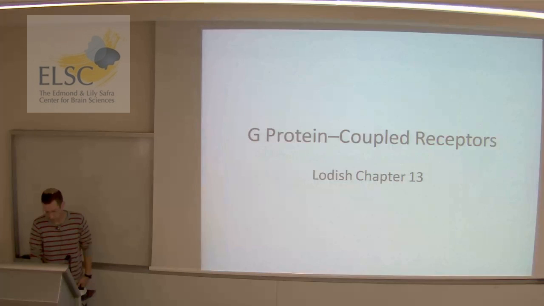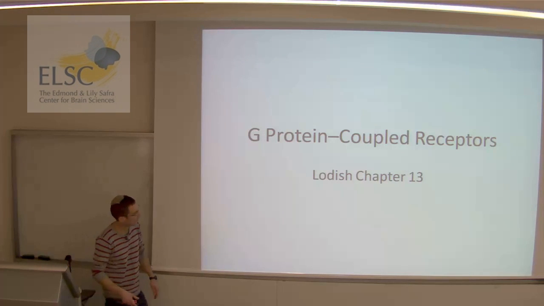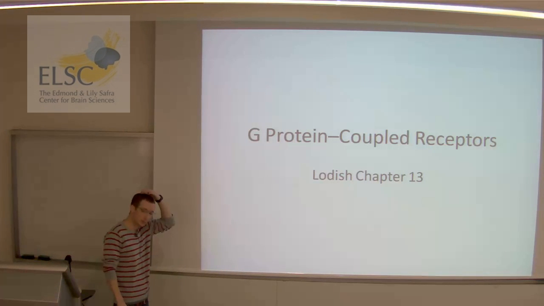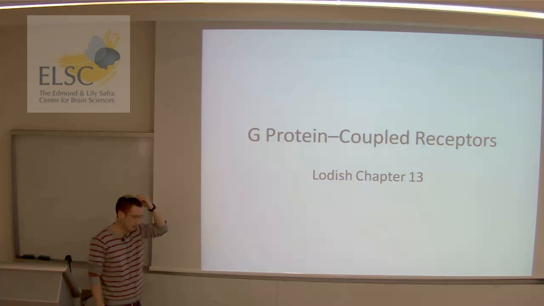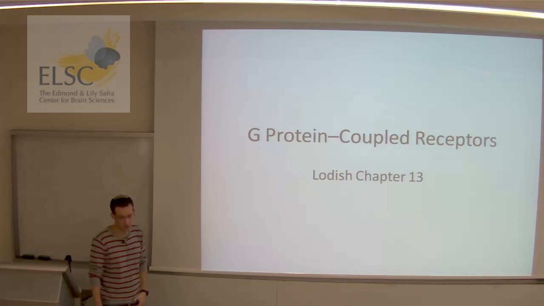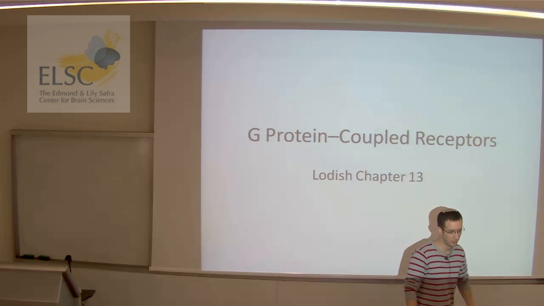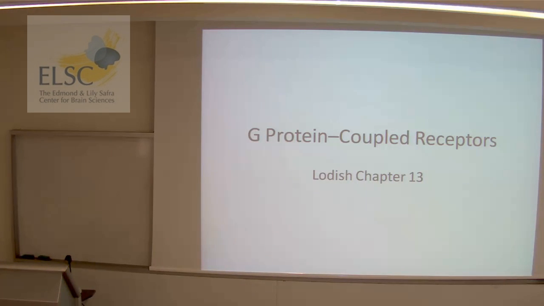G protein coupled receptors. It's parallel to chapter 13 of the textbook. So remember we talked about the general discussion about transport of ions and other molecules across cell membranes, and we mentioned at a certain point a family of receptors that are not a channel by their own, but they affect another protein, and most commonly they affect a G protein.